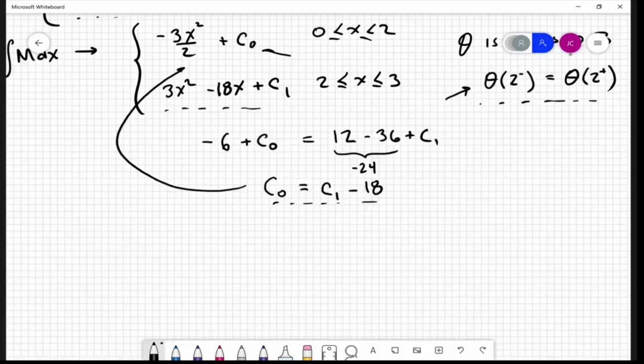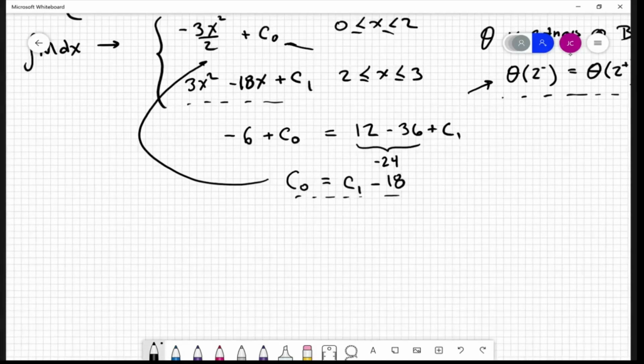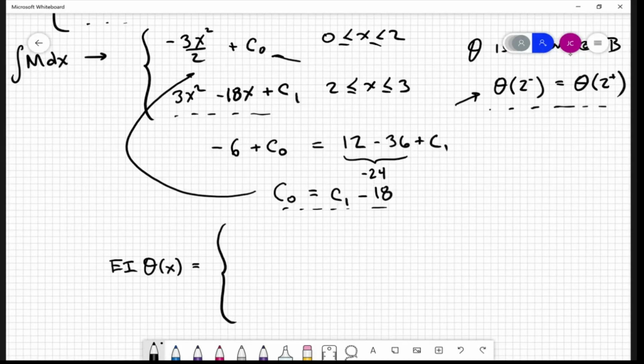So let's stick this back in and rewrite it. What do we got? We got now that this is actually going to be theta of x times EI, because we still didn't divide by EI yet. And that is going to equal the following. What's the easiest to do?